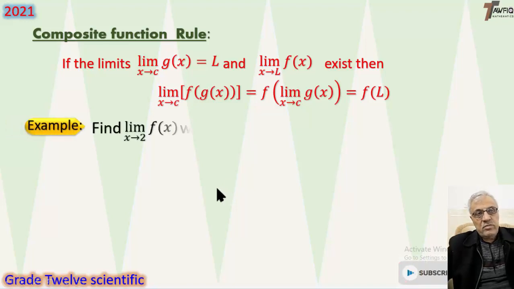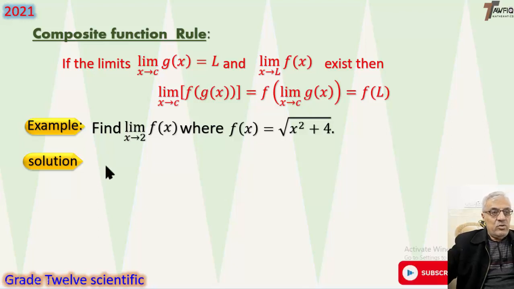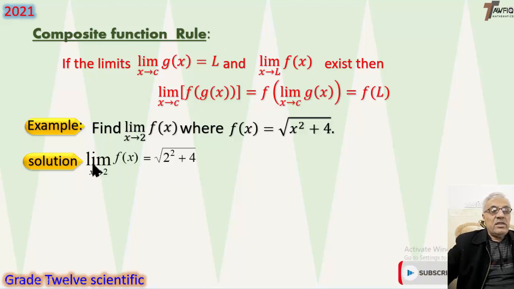Example: we are solving this equation in two ways. We can do it as the rule says, or by replacing directly. Replacing directly, the limit as x approaches 2 of f(x) is equal to the square root of 2 squared plus 4.